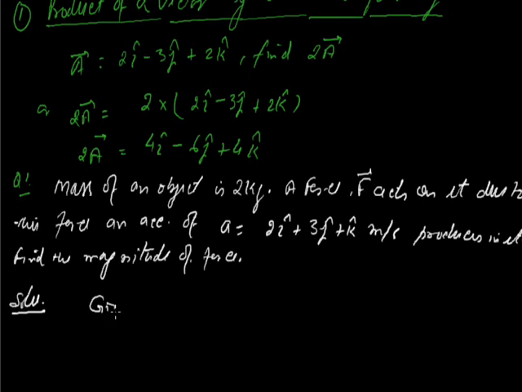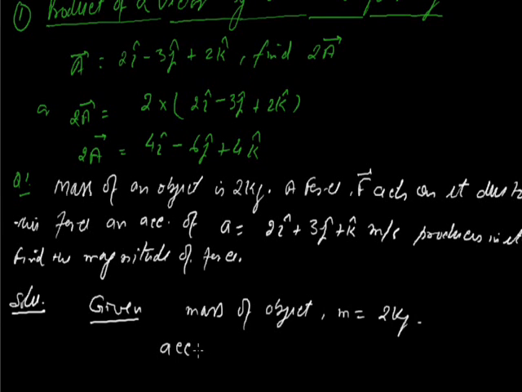Given mass of the object m is 2 kilograms, acceleration vector a is given as 2i plus 3j plus k meter per second square.